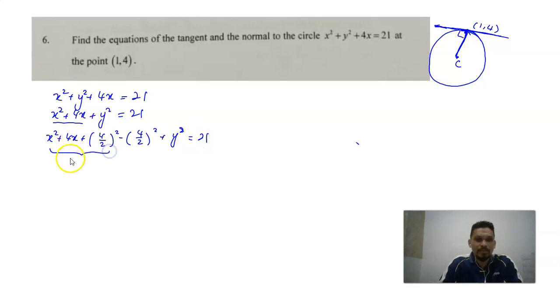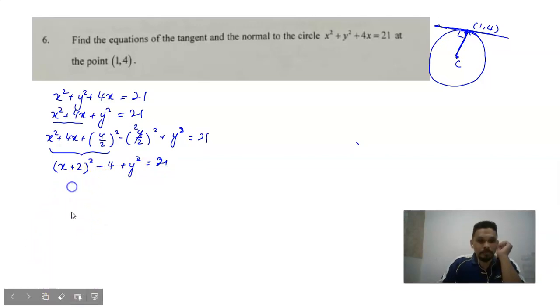And from these, we come up with x plus 4 divided by 2, plus 2 square, minus 4 divided by 2 is 2, 2 square equal to 4, plus y square equal to 21. Then x plus 2 square plus y plus 0 square equal to 25.